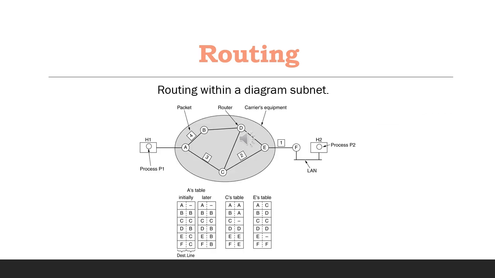Now here is an example of routing within a datagram subnet. We have A's table, which initially has been shown as the initial table, and this is a later stage table. Then we have C's table and we do have E's table.